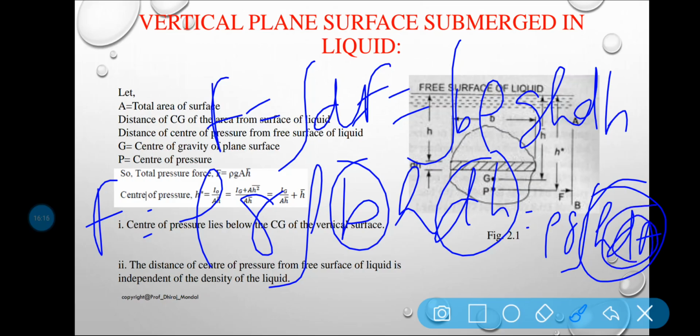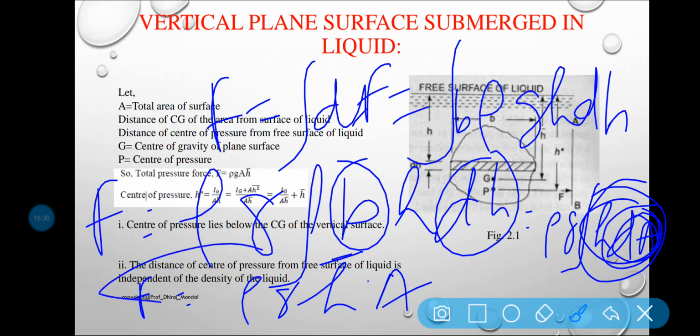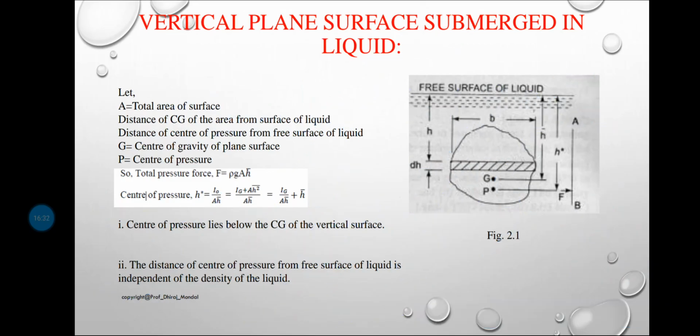When we integrate H into dA, H is equal to H bar, because we have to take it with respect to the center of gravity. So ultimately F is equal to rho g A H bar. Clear? This is how the equation comes.